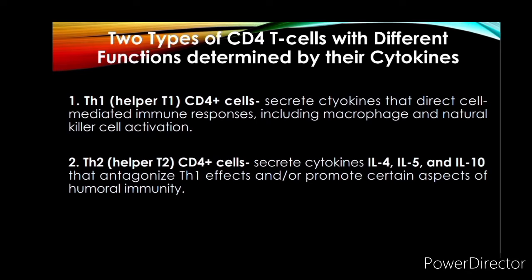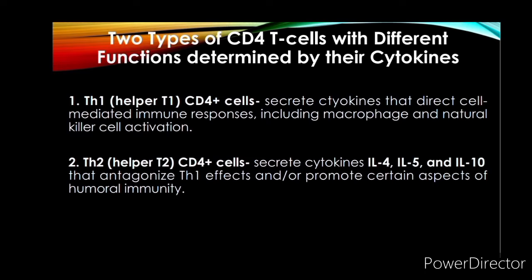In contrast, we have the Th2, or helper T2, CD4 positive cells, which secrete cytokines IL-4, IL-5, and IL-10 that antagonize the Th1 effects and promote certain aspects of humoral immunity.